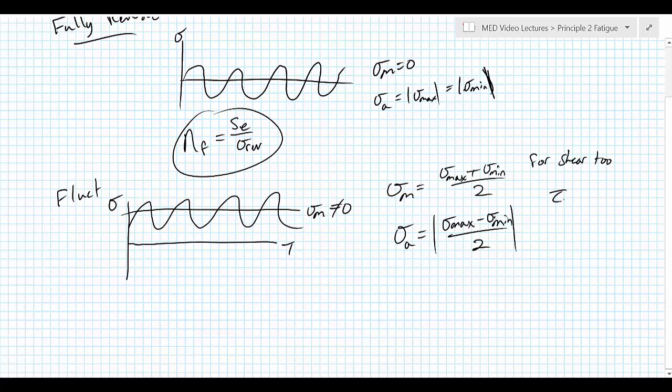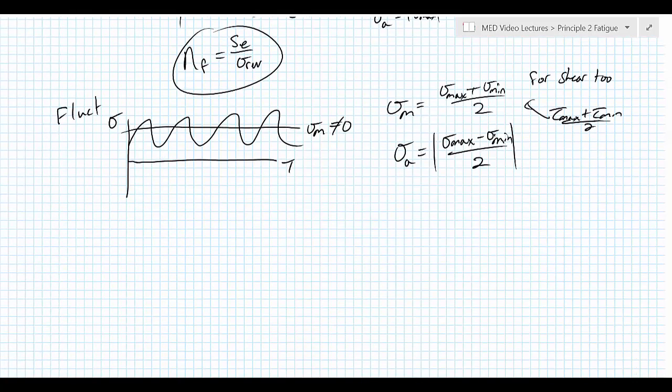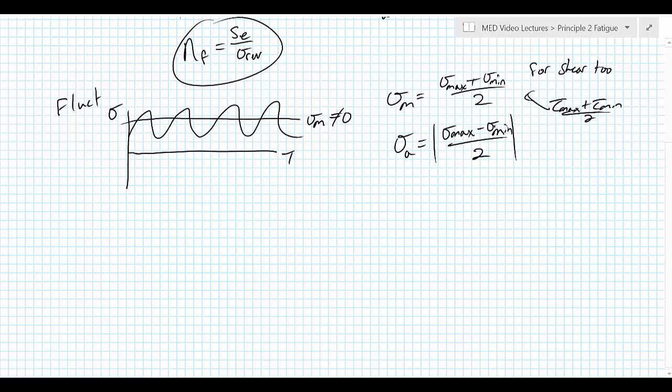Just replace with tau max plus tau min over 2, or tau max minus tau min over 2. And that's how we come up with what we call the mean and the amplitude stress.